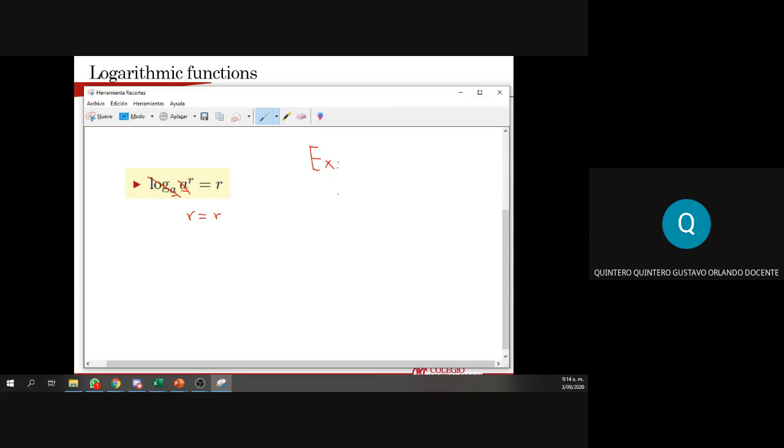Example, how much is this, guys? The natural logarithm of e to the 7. All right. So now you're saying, I don't know, teacher. You said something about ln, but I don't remember. All right, remember, ln is the same as logarithm to the base e.